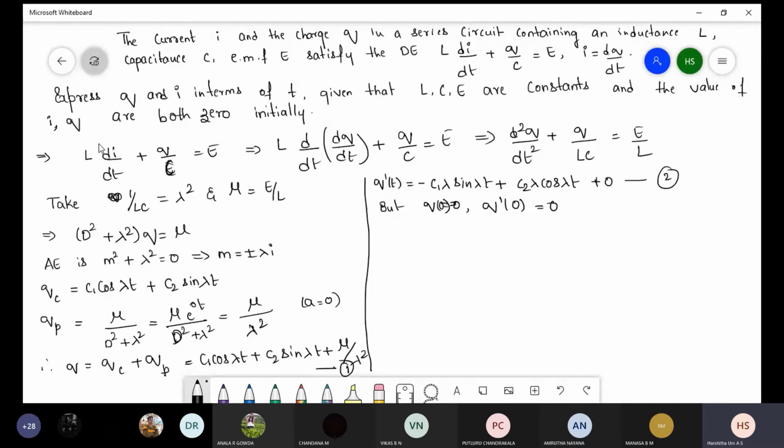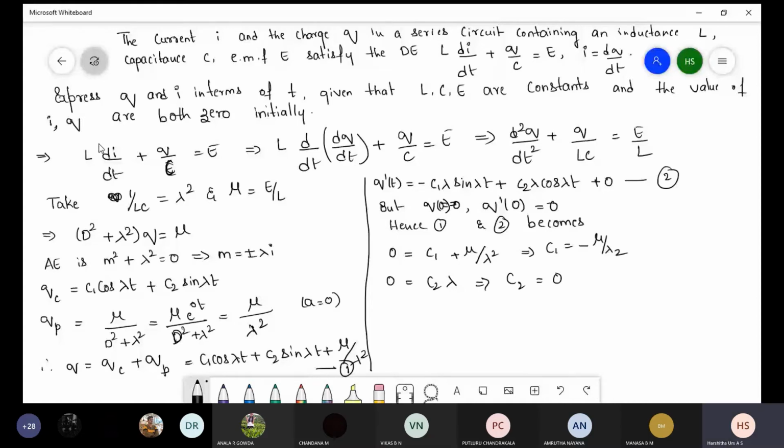Substituting in equations 1 and 2, equation 1: Q of 0 is 0, that is equal to C1 plus mu by lambda square. So C1 is equal to minus mu by lambda square. Next, equation 2: 0 is equal to C2 into lambda. So C2 is equal to 0.